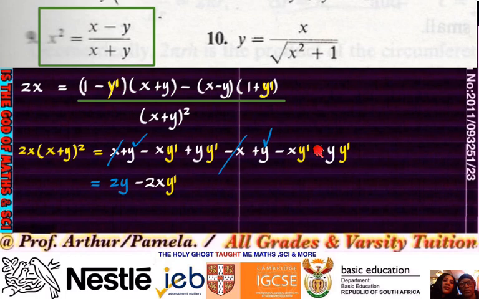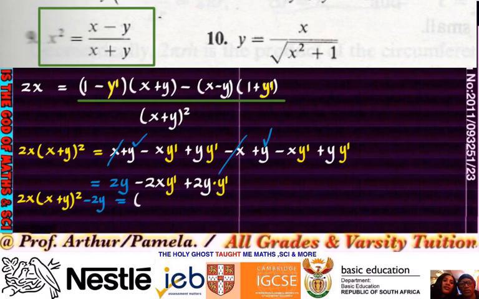How about the other one? The y y prime. So it's two of those, so it's going to be plus 2y times the y prime. So the blue 2y must go to the other side. Which means in the next step I should be writing 2x, x plus y, close bracket, all squared, minus 2y, then equals to, out of this I pull out a common factor.